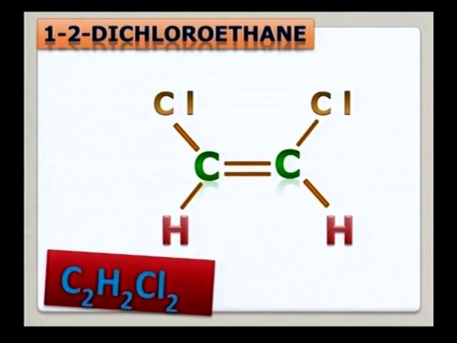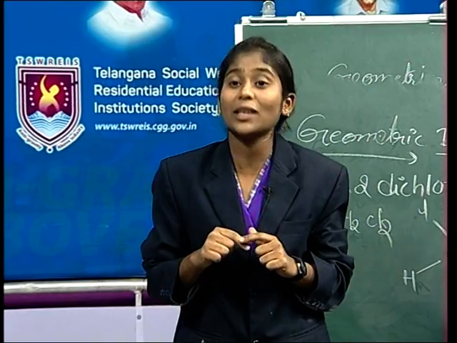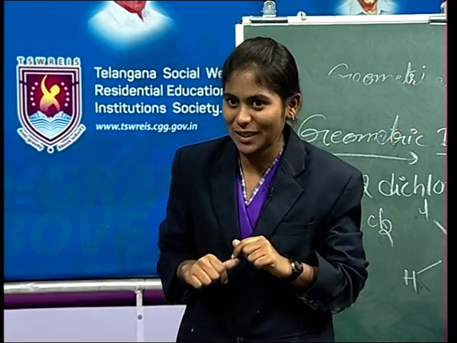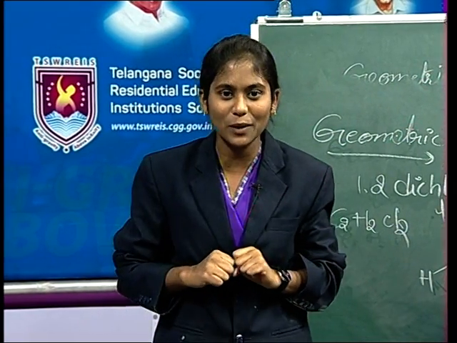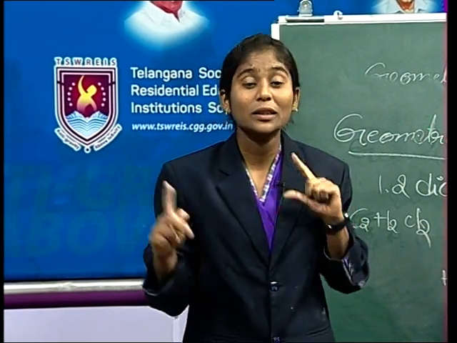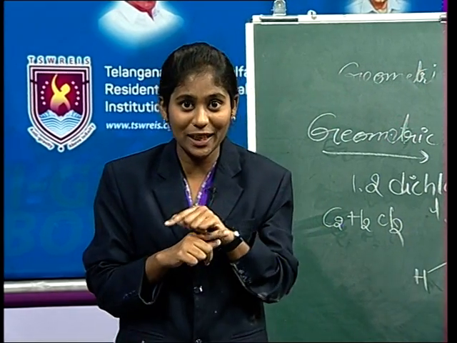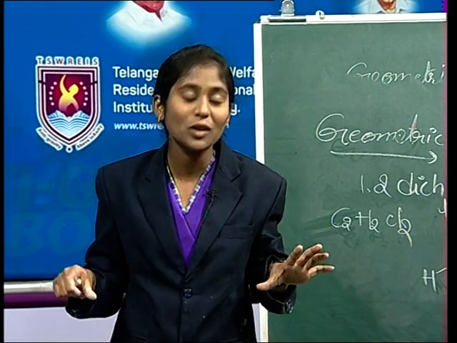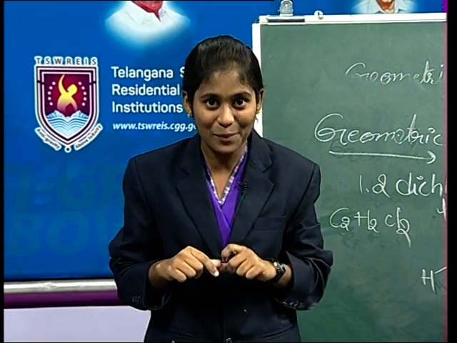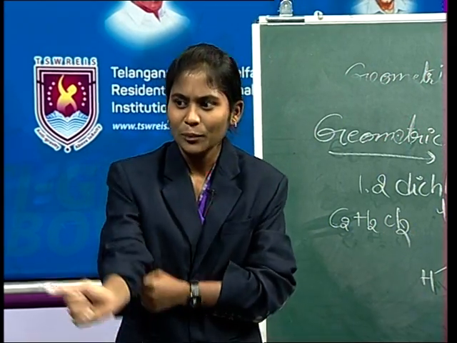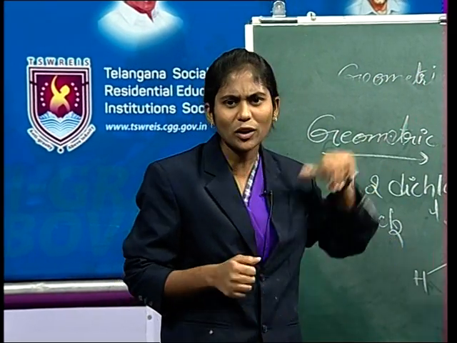In geometrical isomerism, this is possible. They have restricted rotation of the bond, so they are not rotated, but they have different types of properties. Am I right? Okay, Sparrows. Here 1,2-dichloroethene converts to 1,2-dichloroethene.